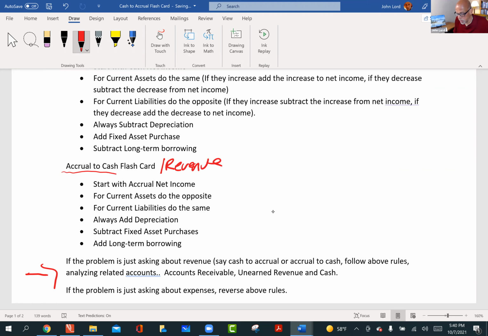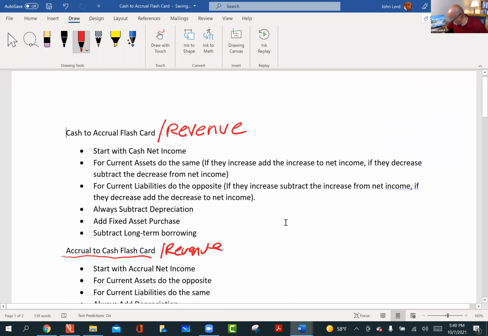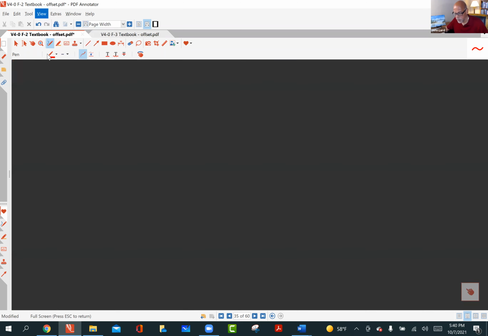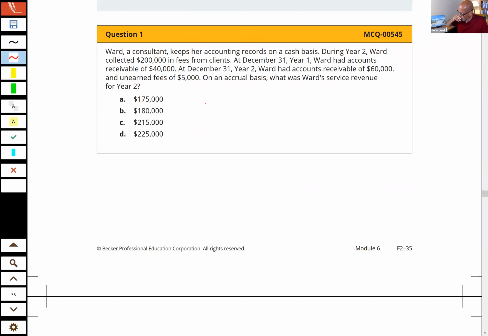After I've gone on and on about cash to accrual, this one is what? No, this one is cash to accrual. Never mind, I thought it was the opposite. Never mind the man behind the curtain. Go ahead. This is cash to accrual, what we've been talking about.